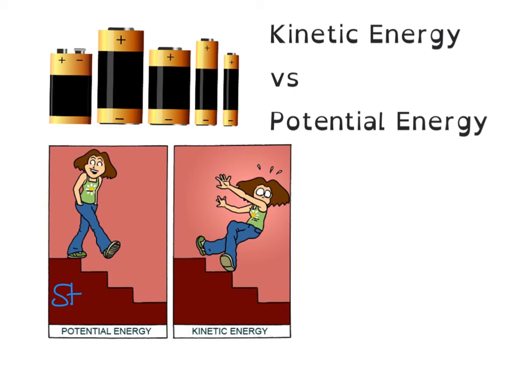So this is stored energy: she is standing at the top of the steps, and she could, in fact, move down the steps, and in likelihood will, step down of her own accord. But here in this image on the right, you see kinetic energy, and this is the energy of motion. And instead of being able to walk down the steps, you see she's falling down the steps.